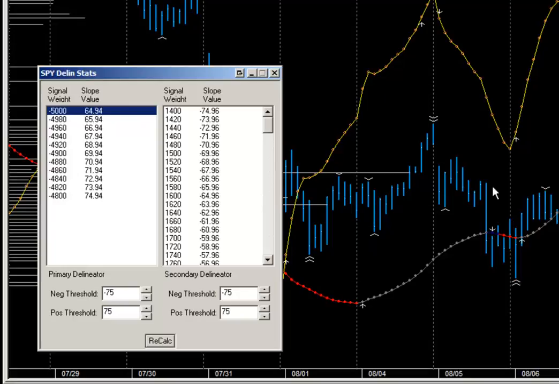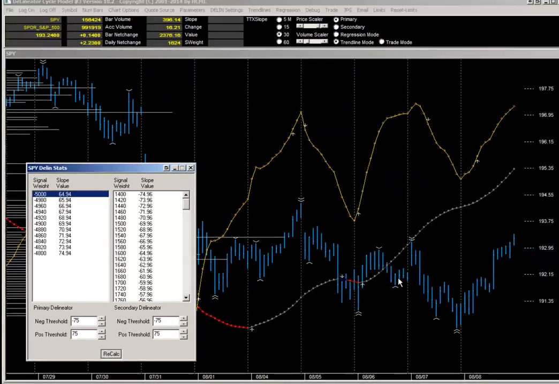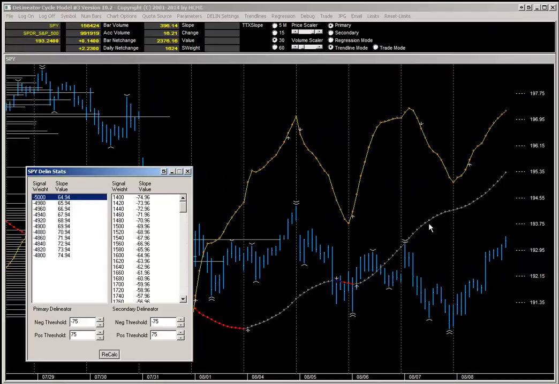So we can see in this example on the primary that we shouldn't expect to see the primary change slope anytime soon, even if signal weight reversed to twice what the most negative level of signal weight could be in a day. So that tells us that it'll be a long time, many bars, many hours, even at a strongly negative signal weight, before the primary can turn down.